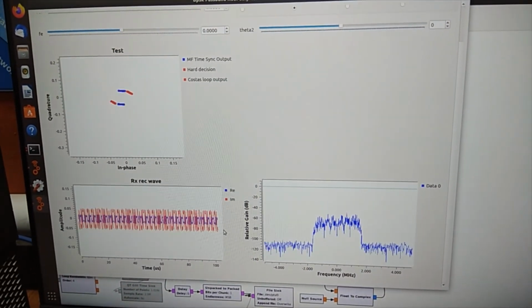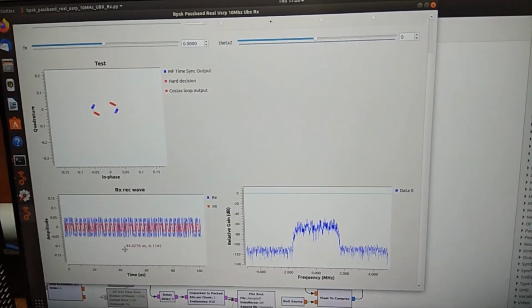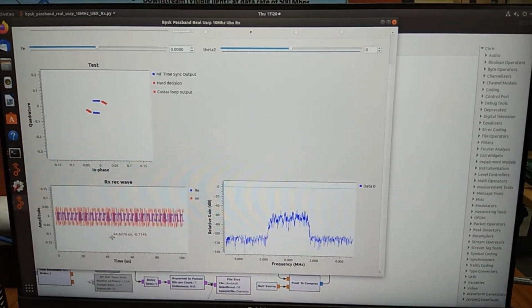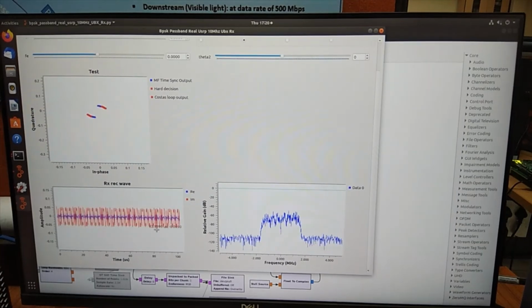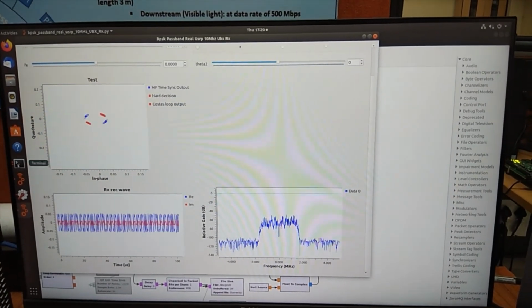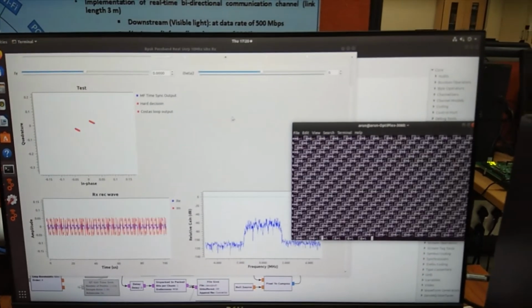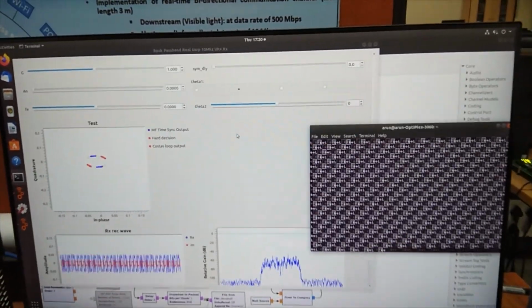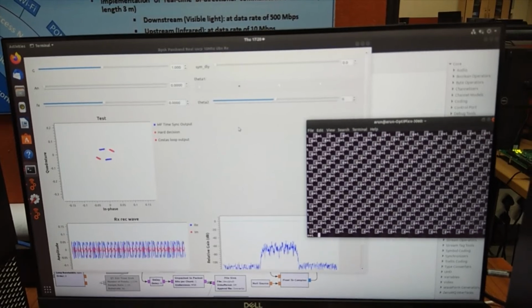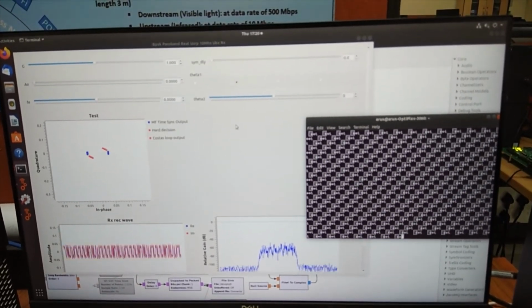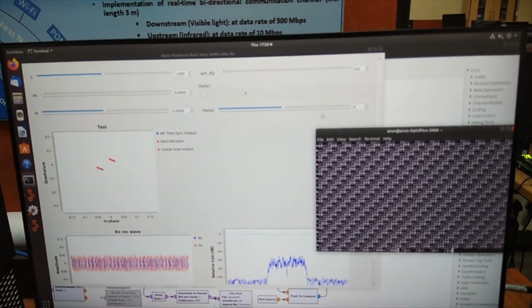These are the received waveforms of the demodulated signal in the baseband at the receiver, and this is the respective spectrum of the received signal. Now I'll show you the text data. I'm not using the packet communication, so there is an ambiguity to decide from where the text starts.